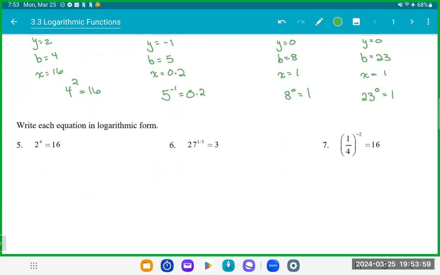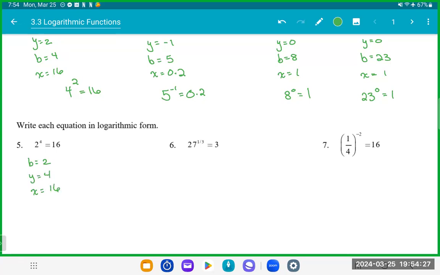For this next set, we're taking our equation form and we want to write it in logarithm form. In this case, b equals 2, y equals 4, and x is equal to 16.